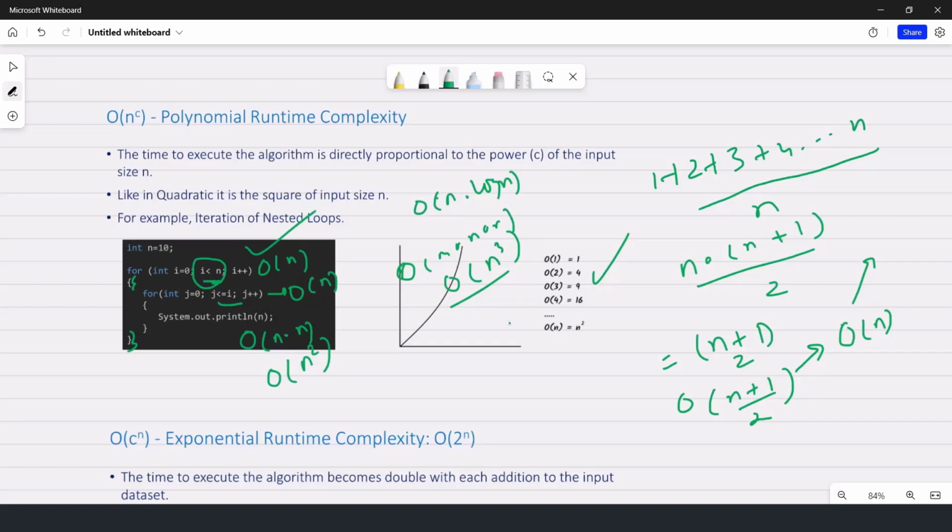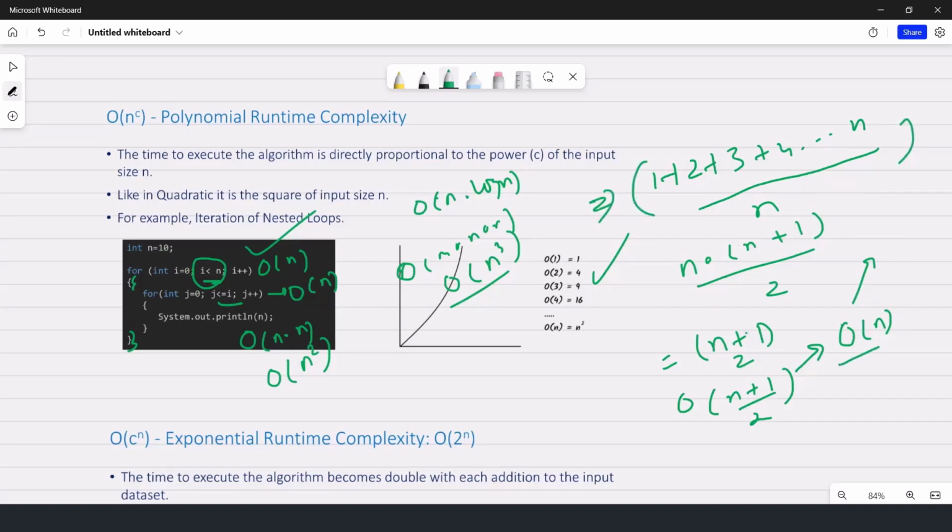Since the inner loop is nested inside the outer loop, the time complexity is the product of the time complexities of both loops. Therefore it's going to give O of n square. The outer loop directly runs till O of n, we can directly see. The inner loop is dependent on the outer loop, because i is written over here, that's why we have calculated this. And after that we simplify it to O of n.